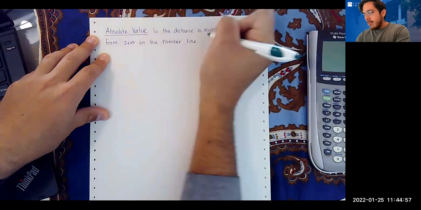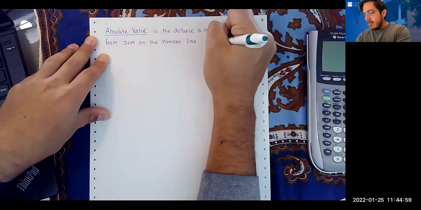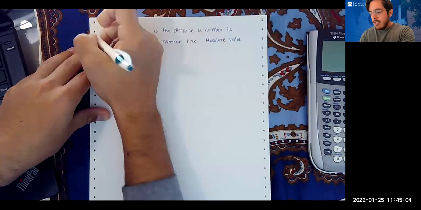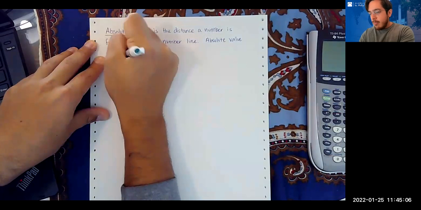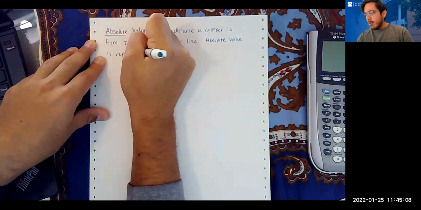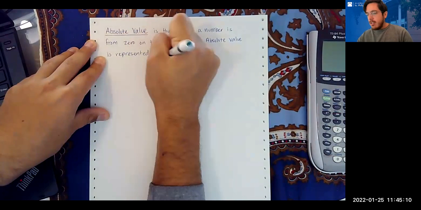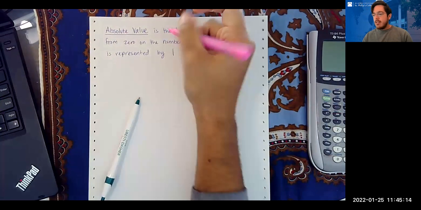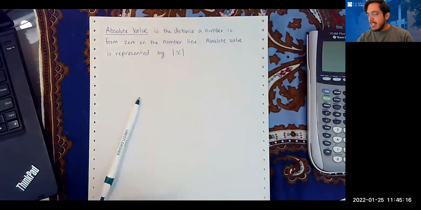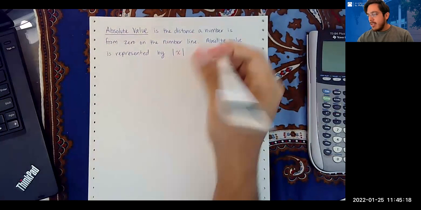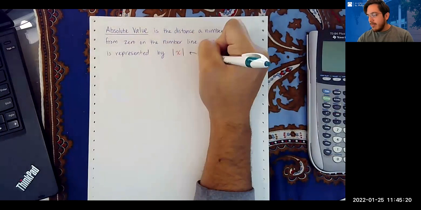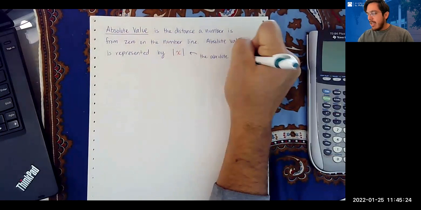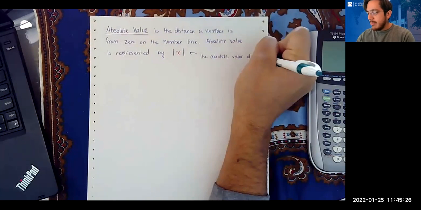Absolute value is represented by vertical bars with some number inside of it. So you would read this as the absolute value of X, whatever that number is.